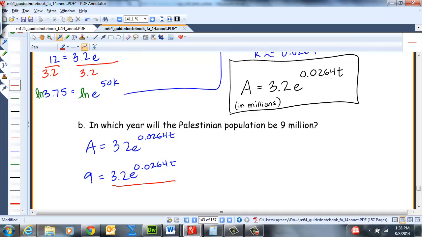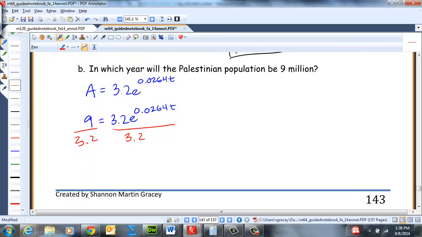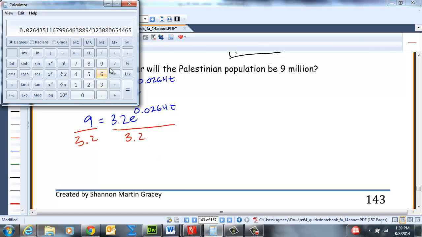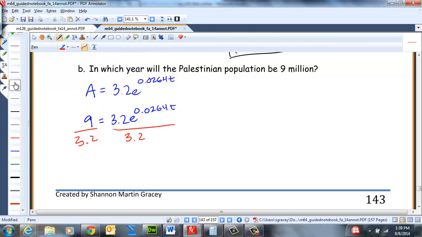Again, we need to divide both sides by 3.2. And we'll get 9 divided by 3.2 equals 2.8125. So 2.8125 equals e to the 0.0264 times t.